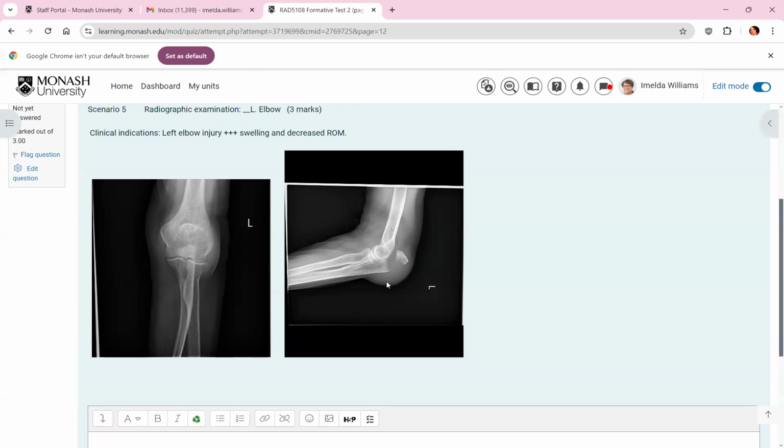And also there is a small bony fragment within the soft tissue between the fracture and the ulna as well. And you'll be able to see that much better on the image manipulation software. We also have elevated fat pads and significant swelling around the elbow.